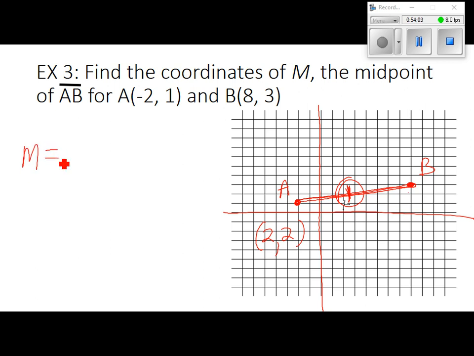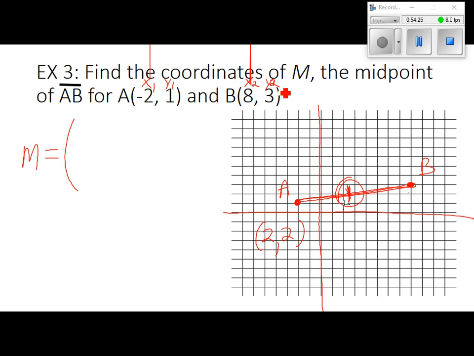M equals, what's our x's? Let's do this first. This is x1, ignore that. That's y1, that's x2, that's y2. Again, if Chase wants to turn them around, can he? Yeah, it doesn't make any difference.